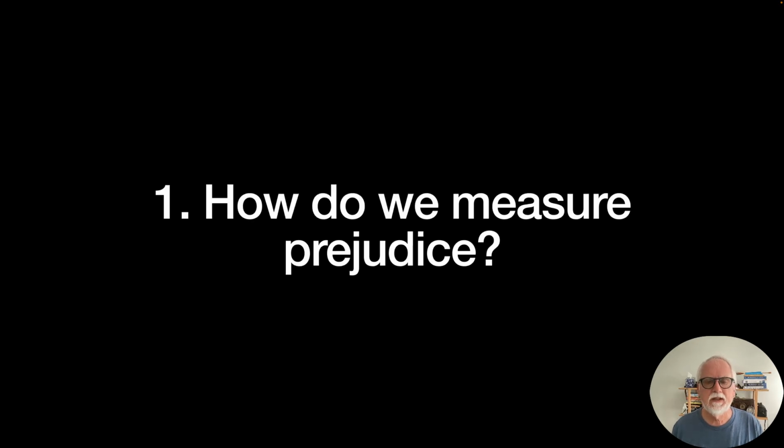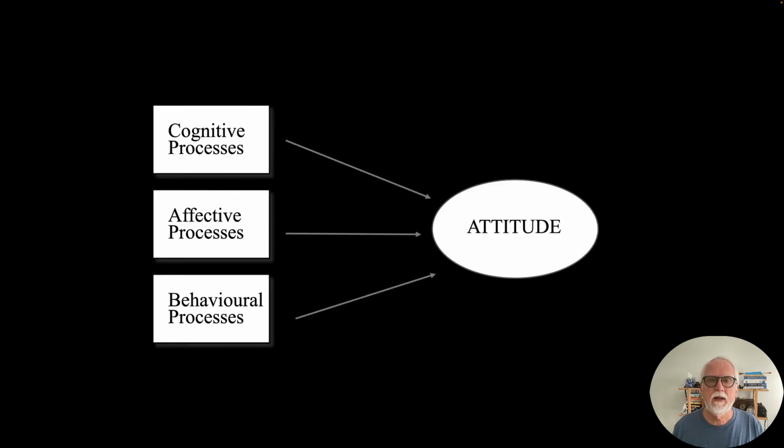How do we measure prejudice? Now, prejudice is thought by social psychologists to be an attitude. For many, many decades, it was thought of as an attitude, just like other attitudes we might have about political beliefs, about how we feel about ATMs, how we feel about climate change. You might have seen this model before, the tripartite model of attitudes, which says that an attitude has both cognitive processes and affective processes, but it also has behavioral processes.